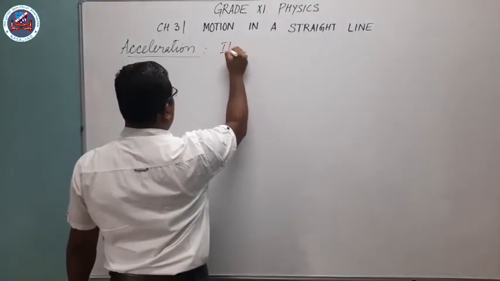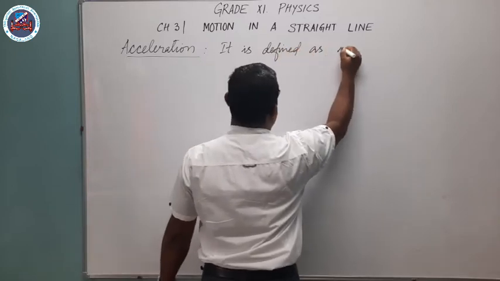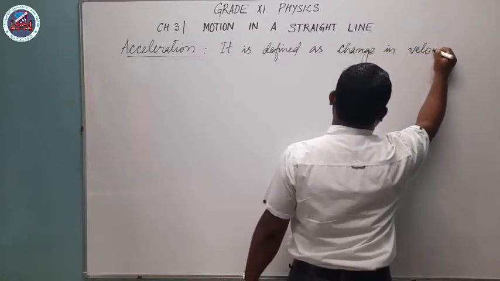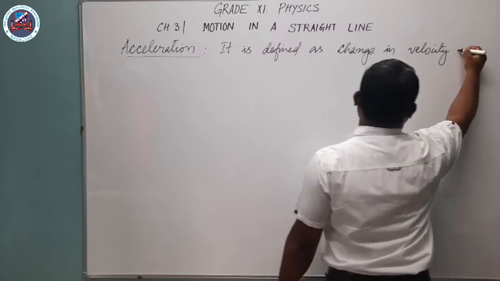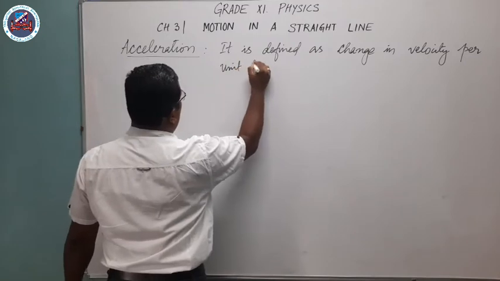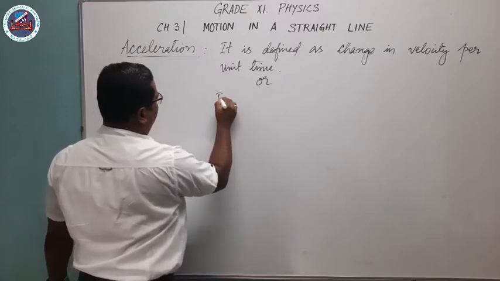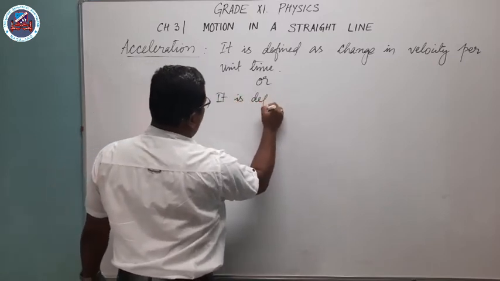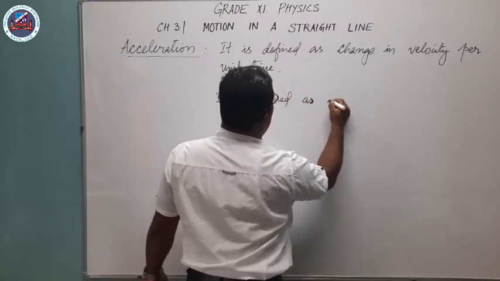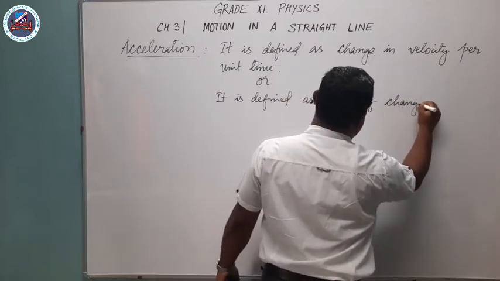It is defined as change in velocity per unit time. And if you don't want to write per unit time, you can write it like this: it is defined as rate of change in velocity.